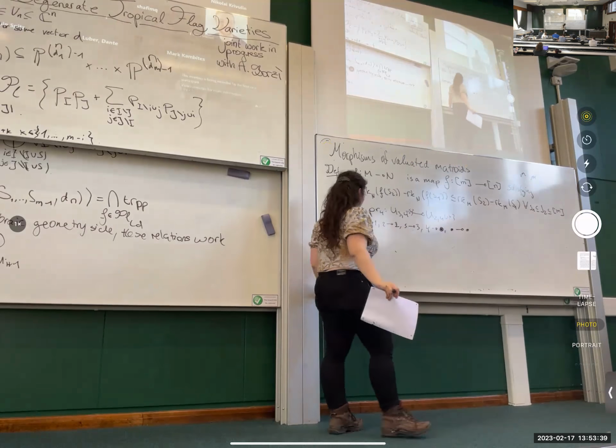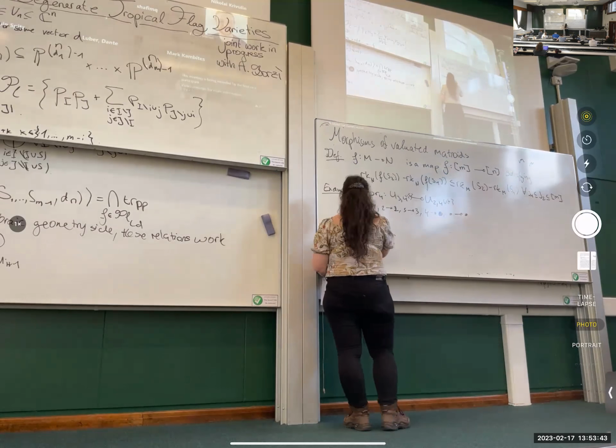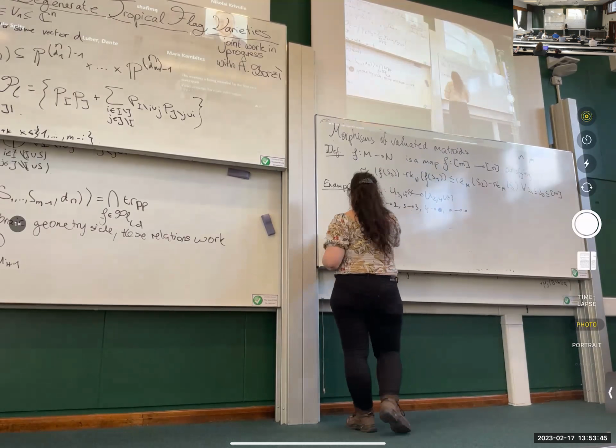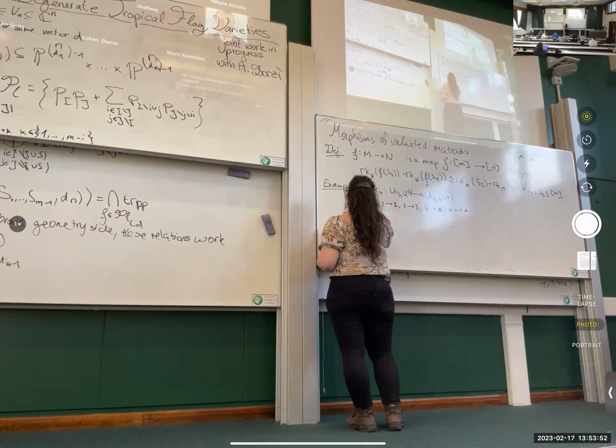And now we can check that this is actually a morphism of matroids by just checking the rank condition. I'm going to do it for one set. It's not that interesting to do it for all of them. So we're going to check it for the empty set inside {1, 3, 4}.